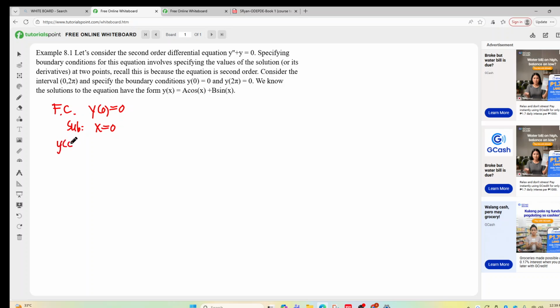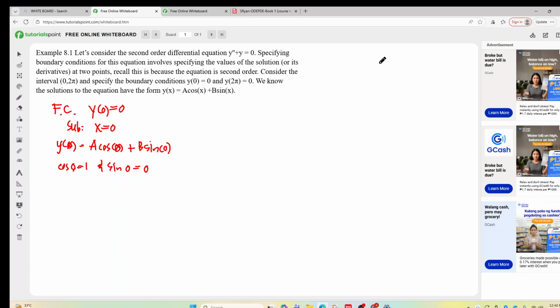So y(0) = a cos 0 + b sin 0. We can see here that cosine 0 is equal to 1, and sine of 0 is equal to 0.